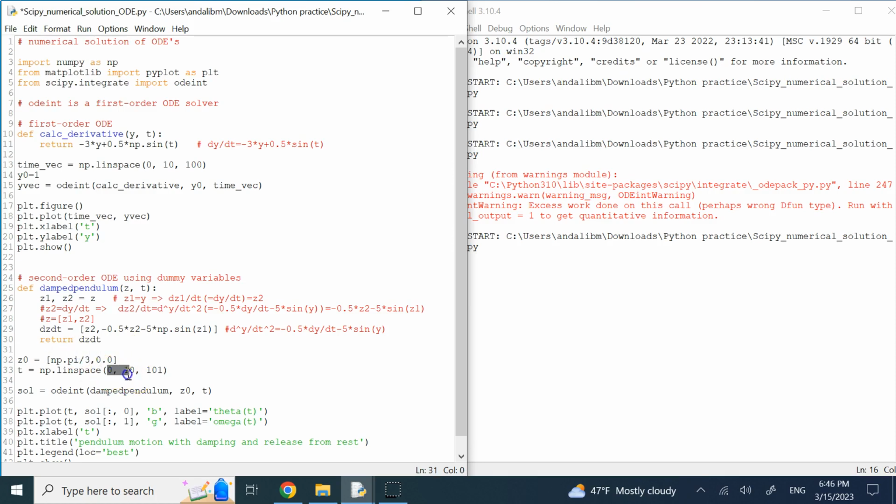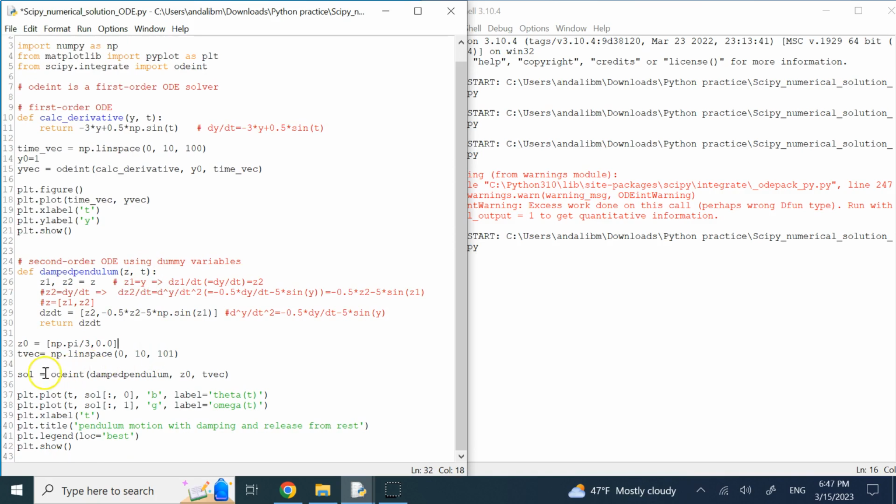And I solve it for 10 seconds with 101 data points. So I pass the time vector to it. I pass a z, and let me call this tt vector if you don't mind. That is different from the t of the input of this function, although it's not going to affect it by any means. Get my solution. Now the solution, which is z, has two components, Z1 and Z2.